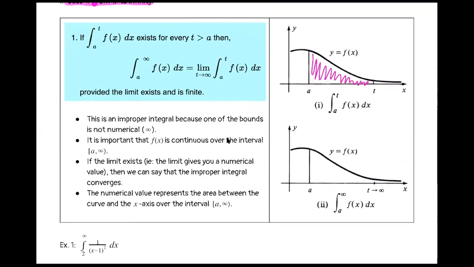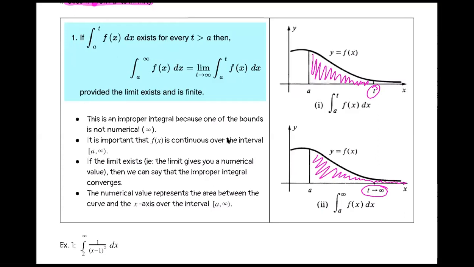And in the first picture, this is the stopping point. But what we're going to do is say that instead of stopping at that point, we're going to take the limit as it gets to infinity, and then we can see if we can get an area or a number that represents that area. That would mean it converges. Or can we not find an area because our answer is infinity?